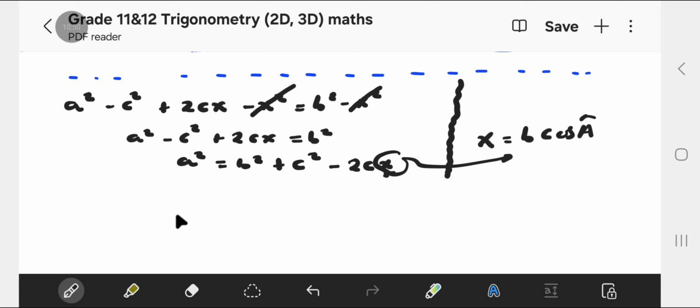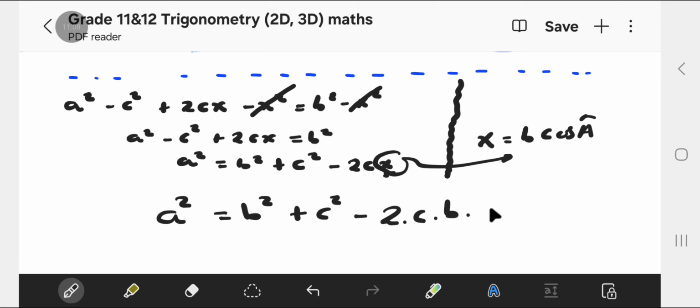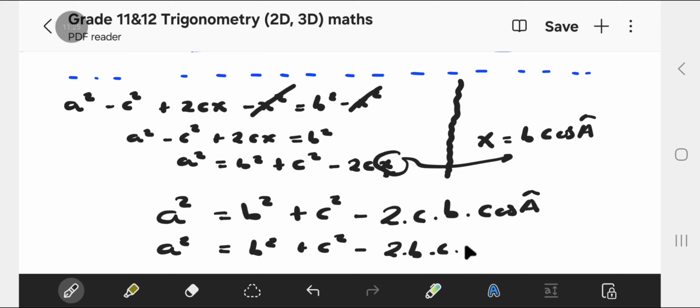So now our a squared becomes b squared plus c squared minus 2 multiplied by c multiplied by b multiplied by the cos of angle A, which you can rearrange as a squared equivalent to b squared plus c squared minus 2bc cos of angle A, just like that.